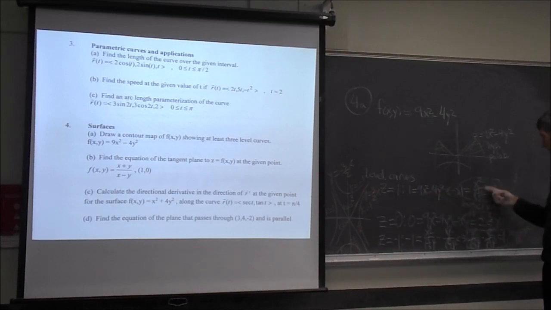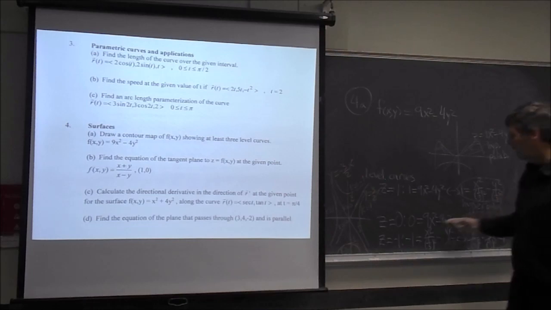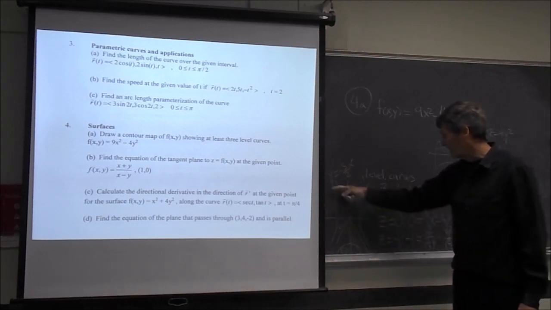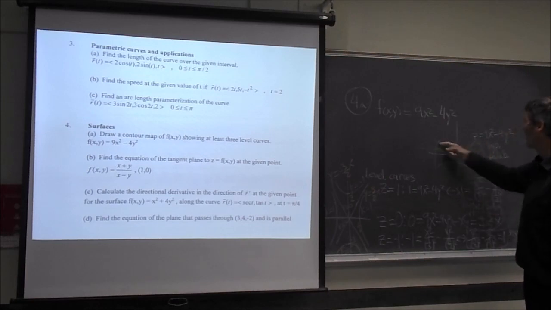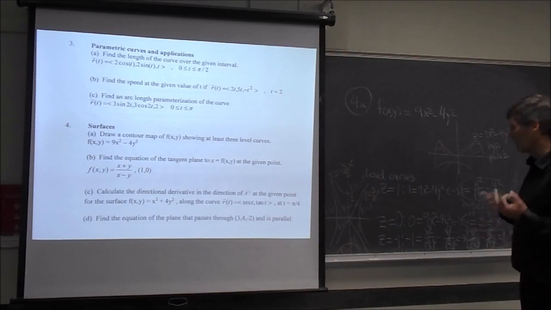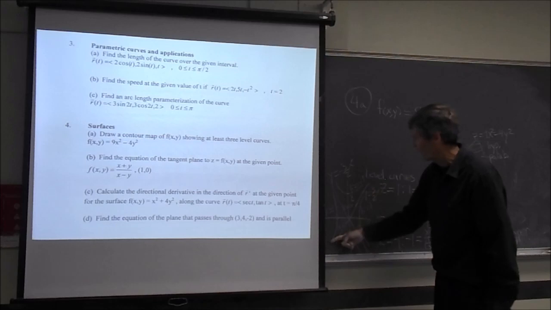Rewritten as 1 equals x squared over a third squared minus y squared over a half squared, which is a hyperbola with a equals a third and b equals a half. It's this branch and this branch here. So for k equals 1, I get these two traces, and then the level curves are the projections of the traces down on the xy plane. So here's the trace for k equals 1.